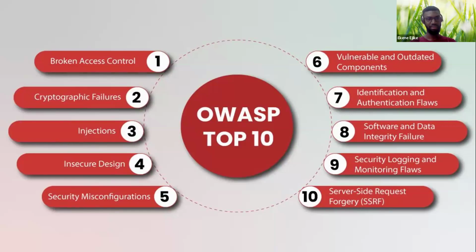I input my account number, and I'm able to see my balance and all other details. So what happens if I replace that account number with my colleague's account number? Should I be able to see the person's details? No, I shouldn't be. There should be some level of access control preventing me from seeing another person's details.